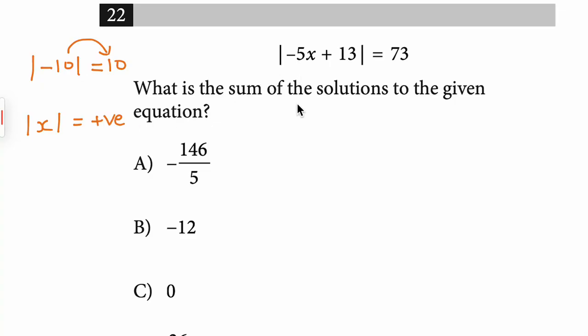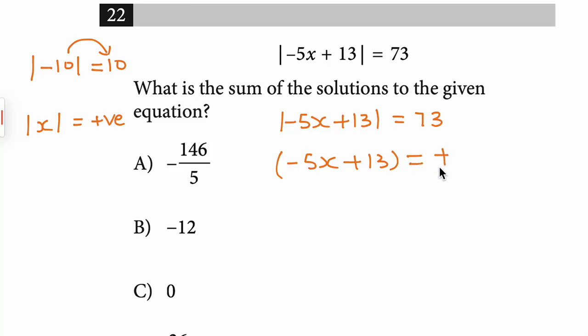Similarly in this question, because negative 5x plus 13 is giving me 73, I am not sure whether it is negative 73 or positive 73 which, after solving this absolute sign, is giving me positive 73. So my first step will be that I'll open this absolute sign assuming that 73 can take both values, positive as well as negative.